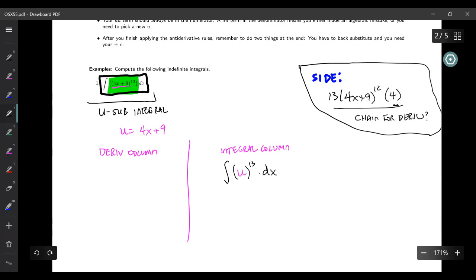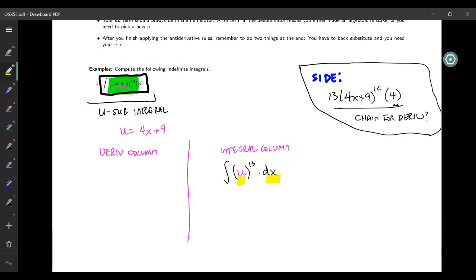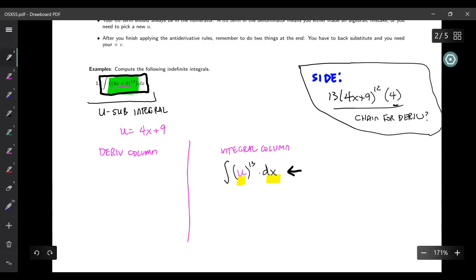Right. So again, too many variables. We have a U here and an X there. So what we need to do is get rid of essentially that. We want du, not dx.